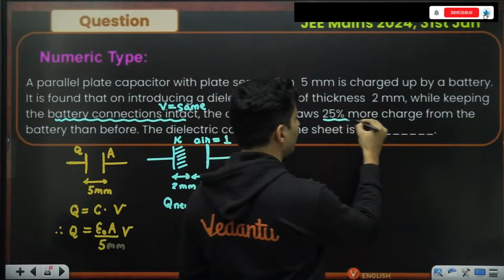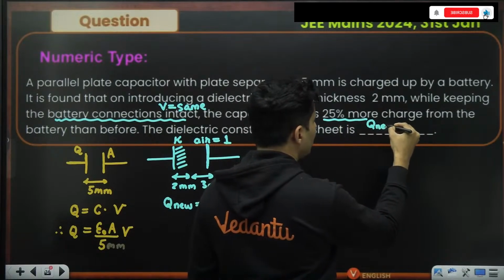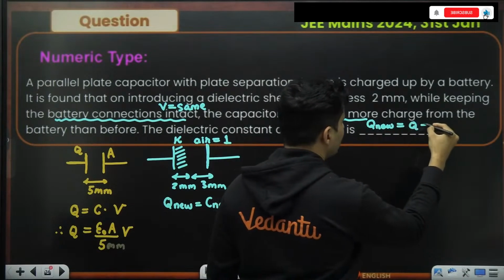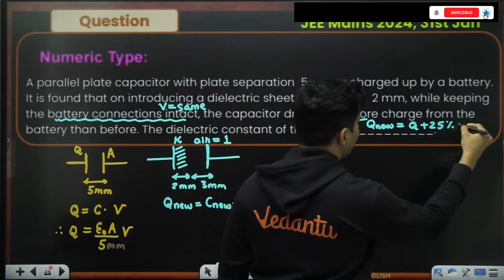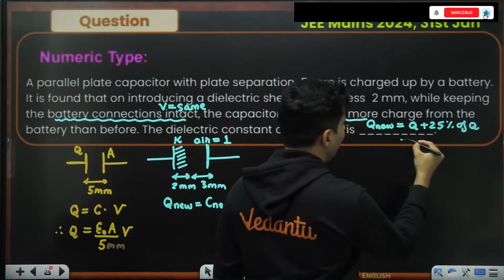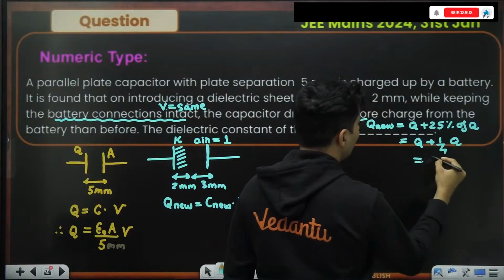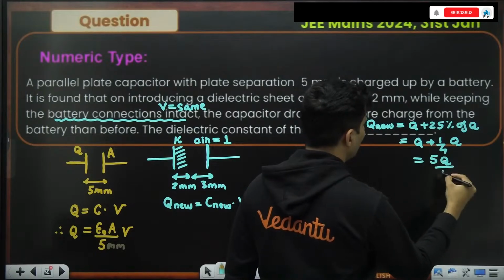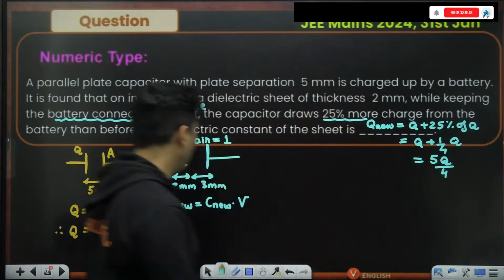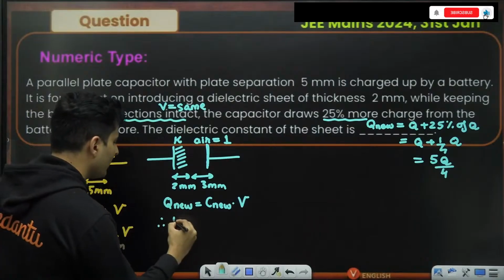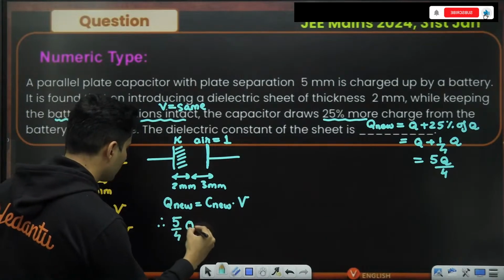What does this mean? The new charge will be the old charge plus 25% of Q. 25% means 1/4, so it will be nothing but 5Q by 4. So the new charge will be 5 by 4 times Q.